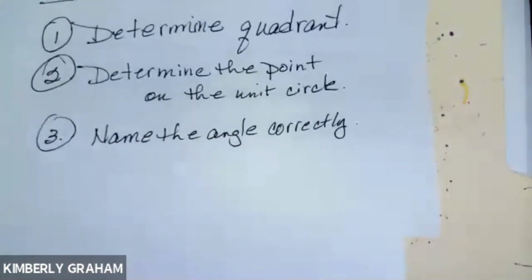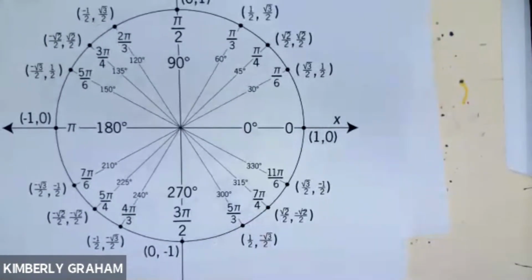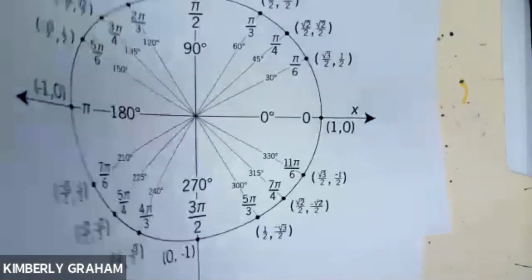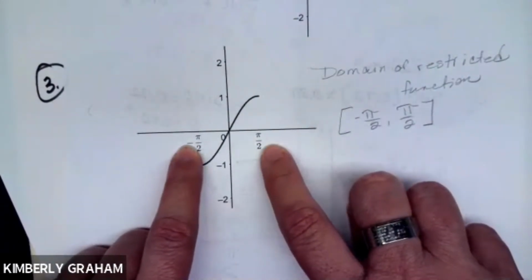My last step in this is to be sure I name the angle correctly. So I have to be sure that I keep this within my domain. Let me see if I can find my picture that I had for sine. I'm dealing with sine. Okay, remember that with my restricted sine function, I'm only going from negative pi over 2 to pi over 2.